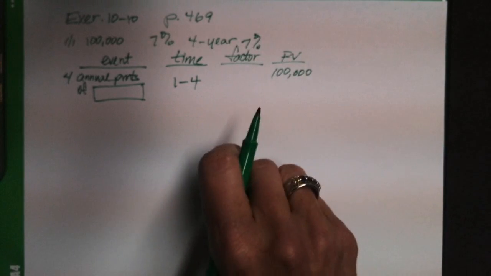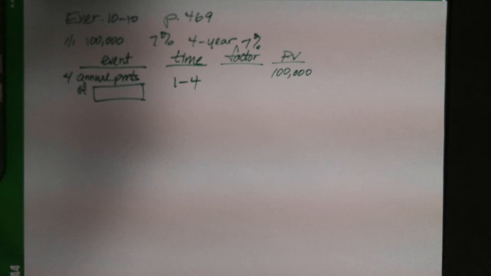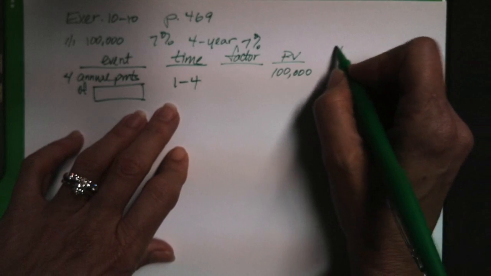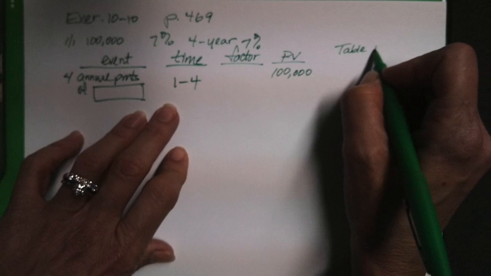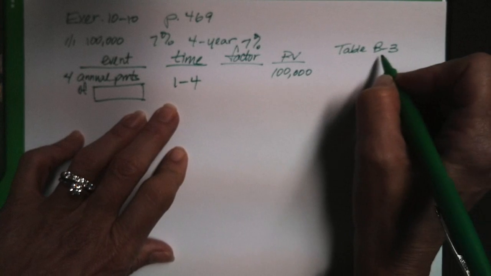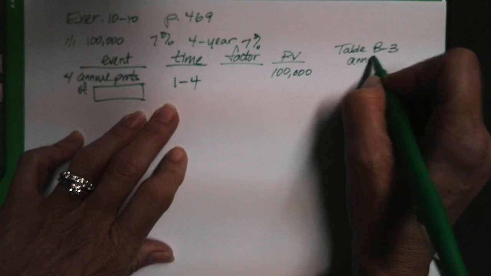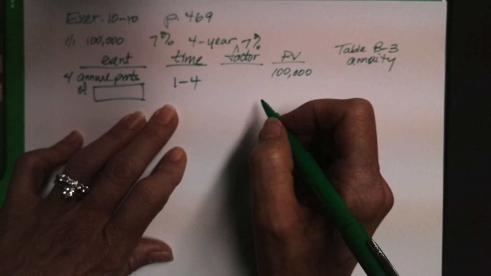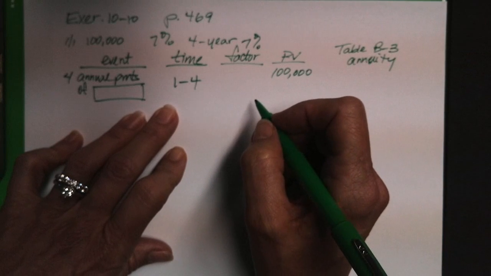So get your table out and look up the factor for 4 periods at 7%. For the annuity, use table B3. The factor is 3.3872.